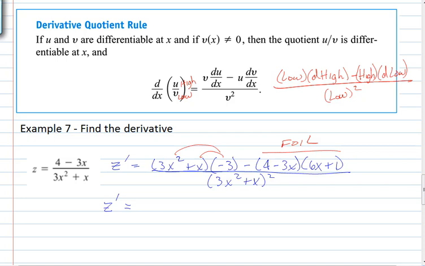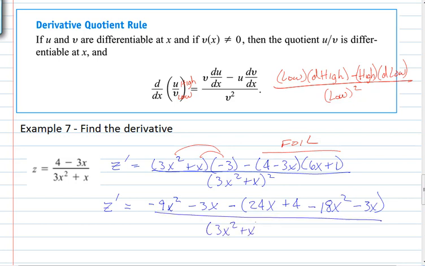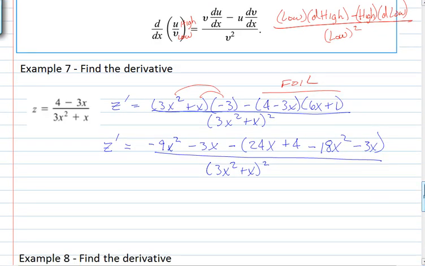So this is going to give us negative 9x squared minus 3x minus, and then this is going to be 4 times 6x is first outside, inside, and last all over the denominator squared. So now I want to come along and distribute this negative to these terms, and I can go ahead and combine like terms as well.